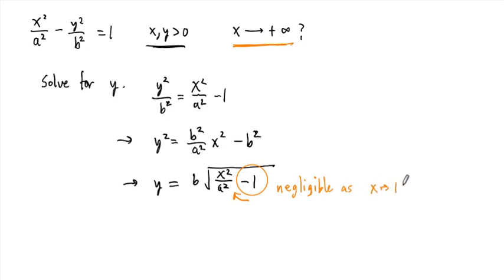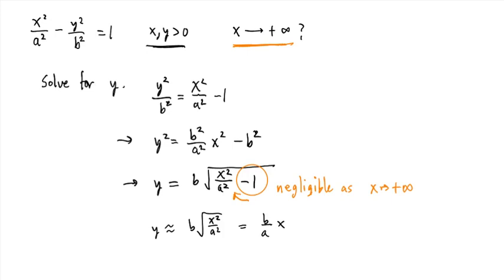And so what we end up with is that y is approximately equal to b times the square root of x squared over a squared, for very large x. Now we can just reduce the square root, and so this is equal to b over a times x.